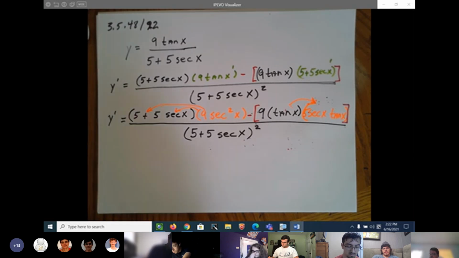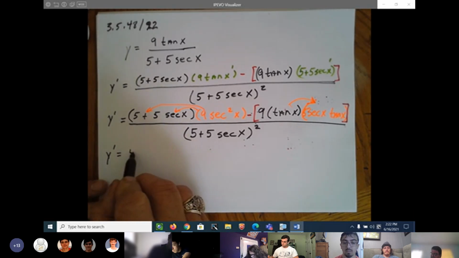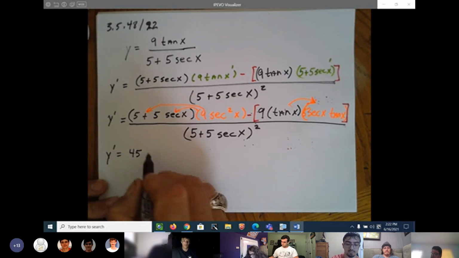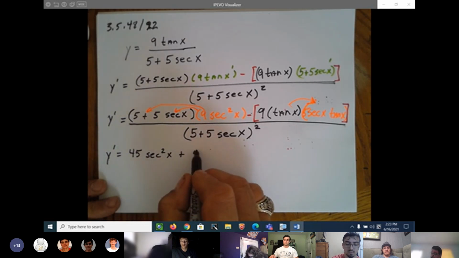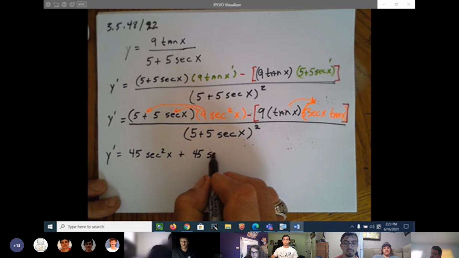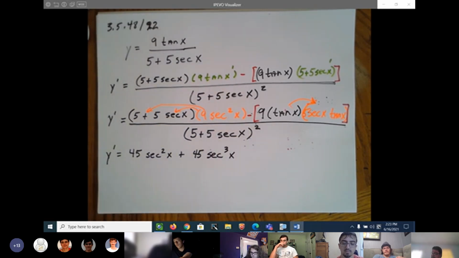So y prime is equal to 45 secant squared plus 45 secant cubed. I'm going to leave that minus sign there.